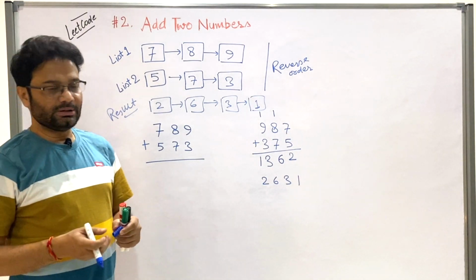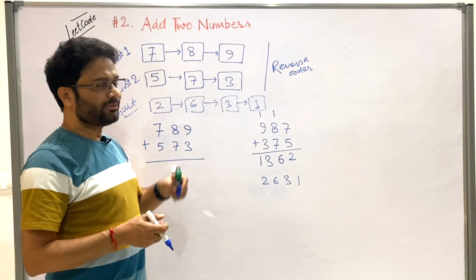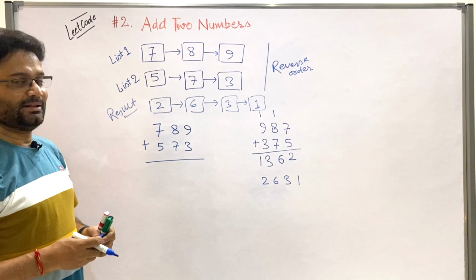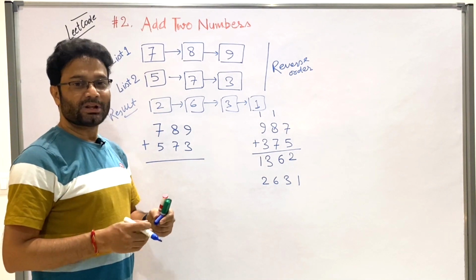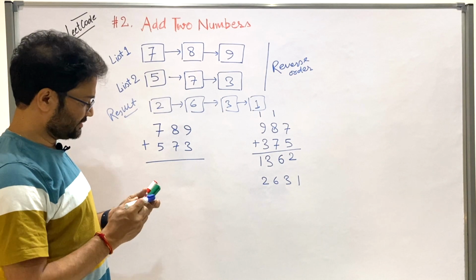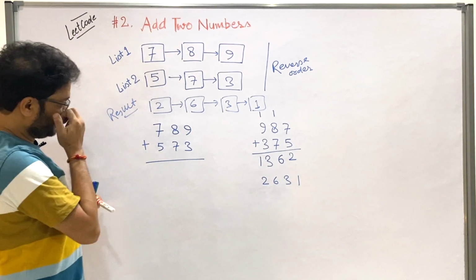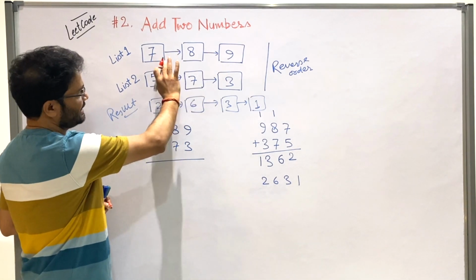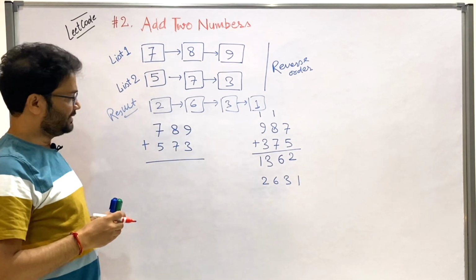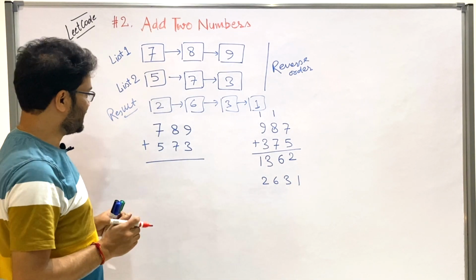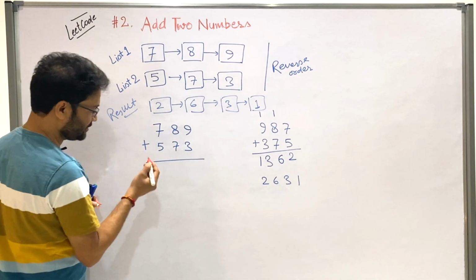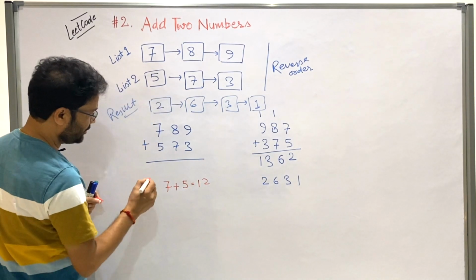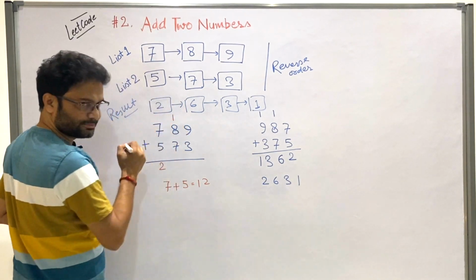So this is the normal way we can do that, but a lot of complexities are there. So why can't you come up with some new kind of solution that might not be mathematically okay, but let me think of one option. Here we are not going to reverse the numbers. Take the same numbers without reversing, 789 and 573, and try to add, see what is happening here. 7 plus 5 is 12, put the 2 here and carry 1.